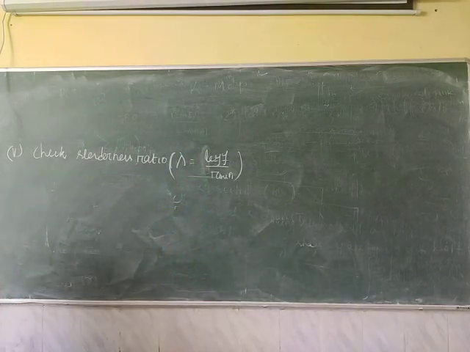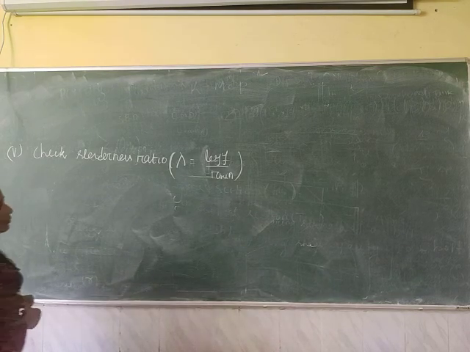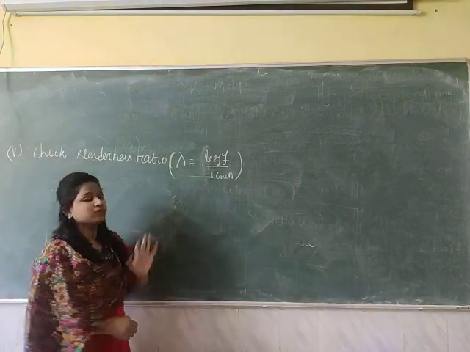So, slenderness ratio, that you know, that is effective length divided by minimum radius of gyration.